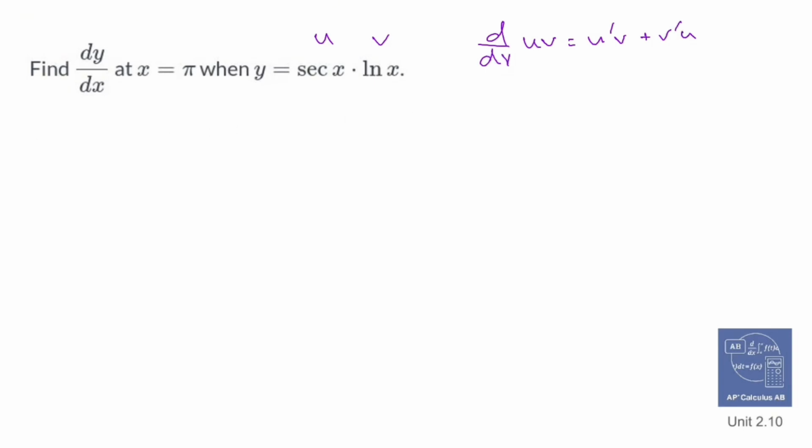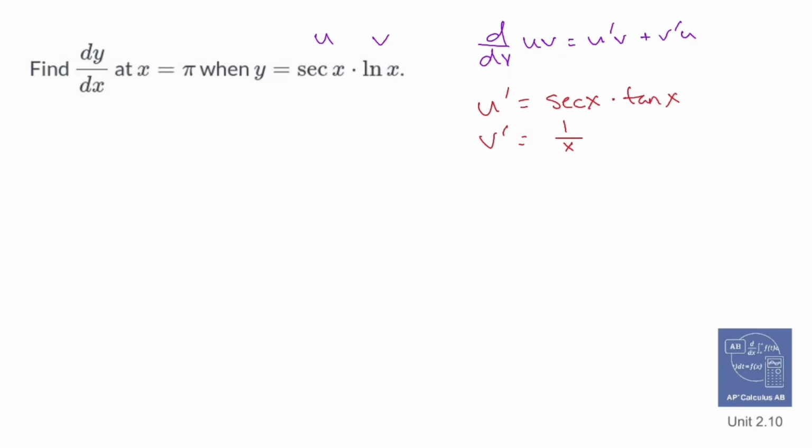So what I need to do is figure out what u prime is. U prime is the derivative of secant, which is secant x times tangent x. V prime is the derivative of ln of x, which is just 1 over x.